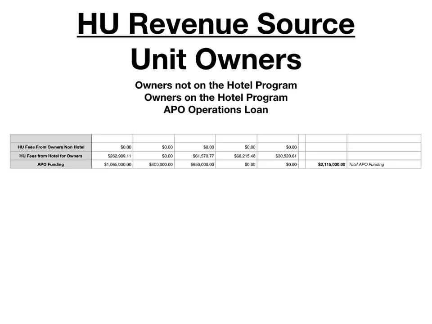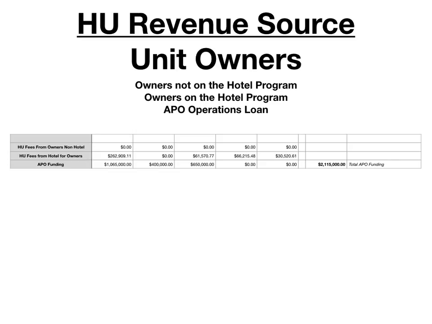So you have one group of owners not on the hotel program that are paying absolutely nothing. You have the other group of owners that are on the hotel program that are allowing their hotel revenue to be applied to reduce their maintenance, but they're not paying the mandatory difference.